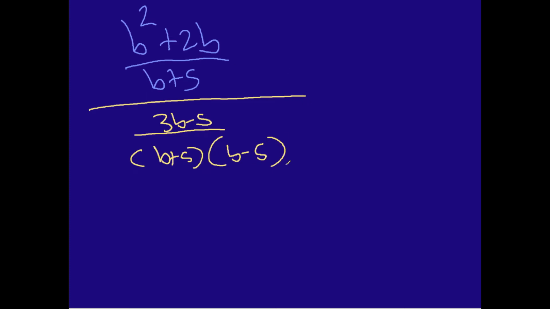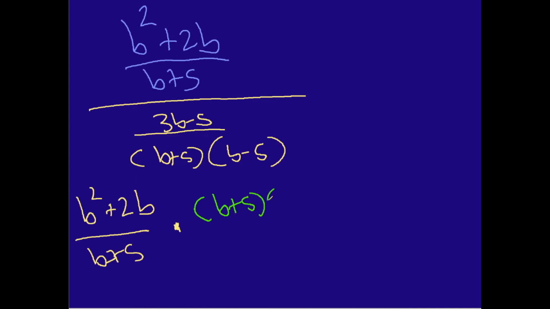So what we really have here is the following. We have b squared plus 2b over b plus 5. Okay, that's a plus. Now I'm going to flip this second one. So I put the multiplication sign, and then now it's on the top, I have b plus 5, b minus 5, like so.